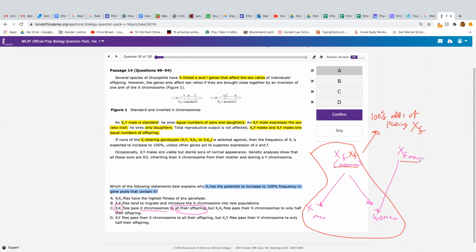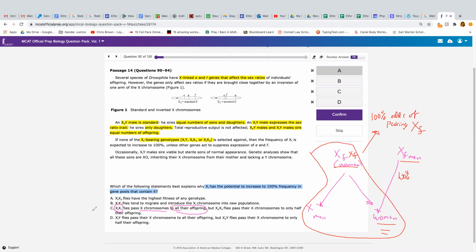Those sons can then pass any mutant allele onto their daughter. Why? Again, because there's a 100% chance that a man is going to pass his X chromosome to his daughter. He only has one. The Y goes to the males. The X goes to the females. I'm going to keep repeating this because it's a very, very simple fact that's central to understanding X-linked genetics.